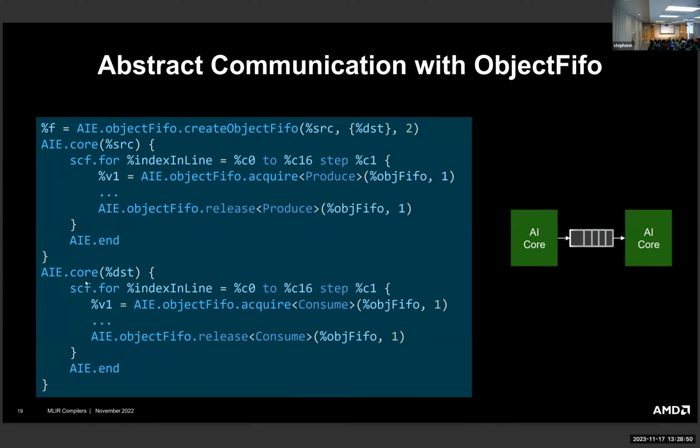Then you can extend this story further. We have ordered object buffers not only for communication at level 1 of the memory hierarchy, but ones that allow you to set it up to level 2 and even to level 3, going through those shim DMAs that allow you to communicate with the external memory.